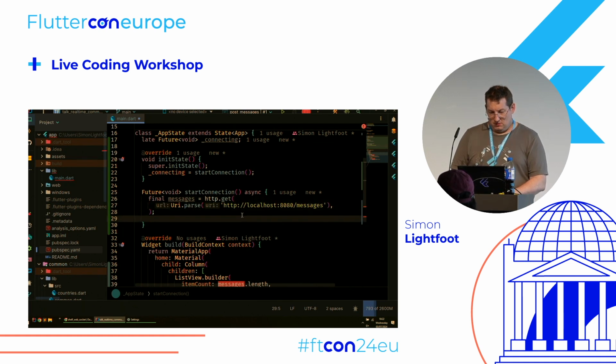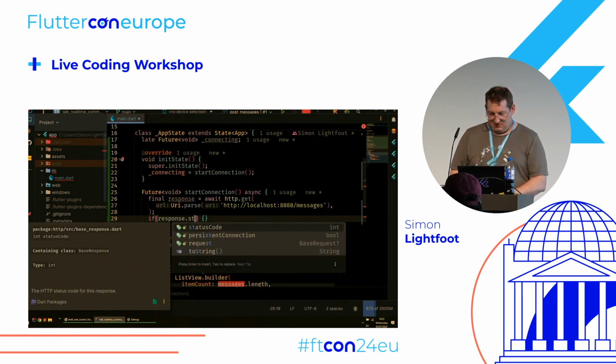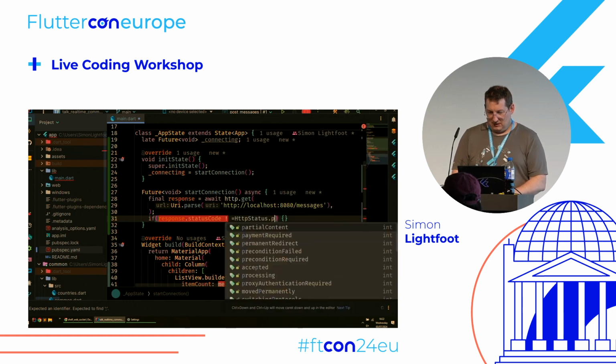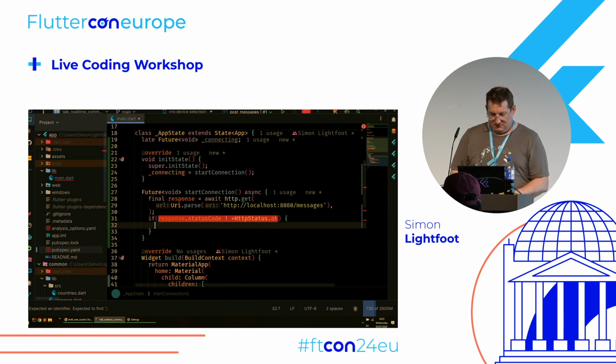Yeah, and then this is like response, right? Yep, good call. Right, response dot status code does not equal. Okay, then we have a big problem. We're just going to crash the app because why not?